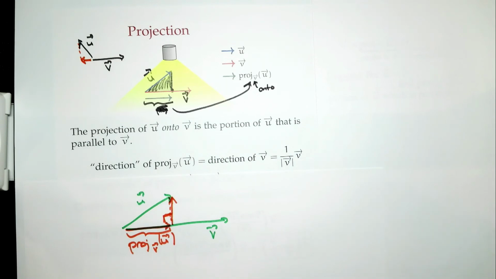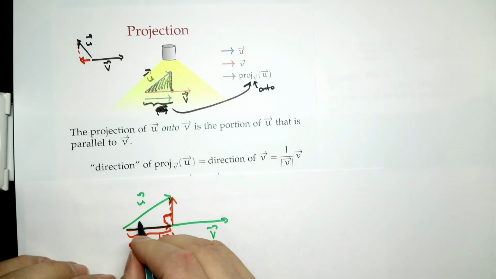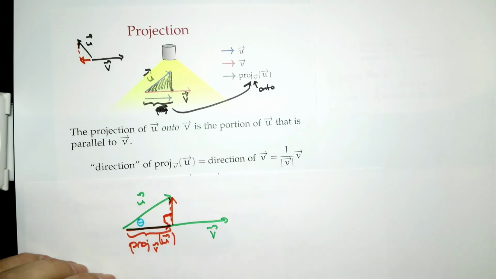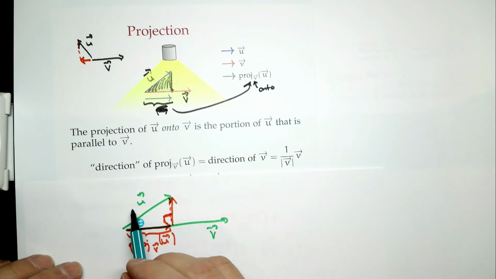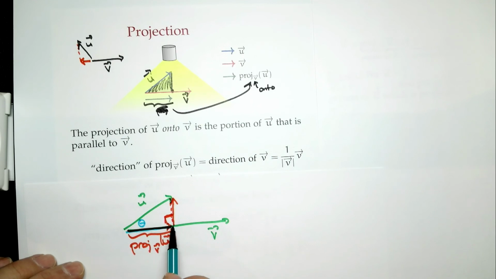Now, the fun part. What's the magnitude? Well, let's draw ourselves a picture. There's an angle here, I'll call it theta. That's the angle between u and v. v may or may not be the right length, but u certainly is the right length for this picture, so I'm going to focus on u. Here I have a nice triangle. In terms of theta, I can think of the length of u as being the hypotenuse.